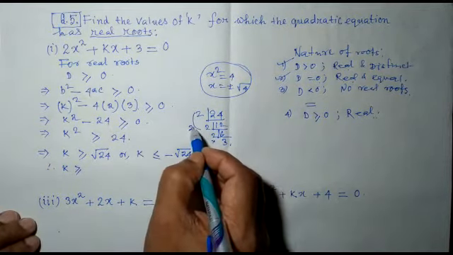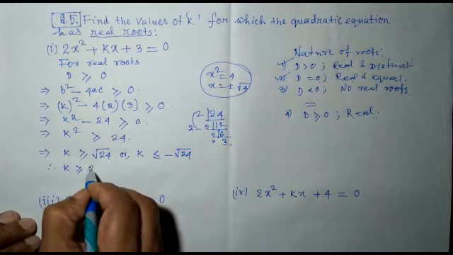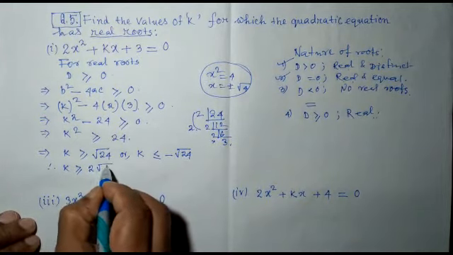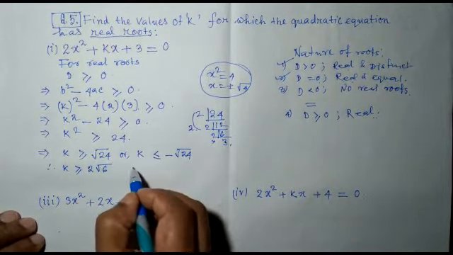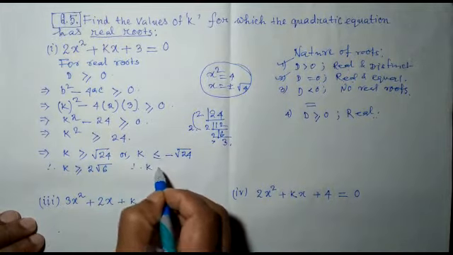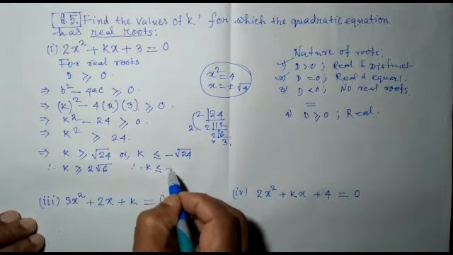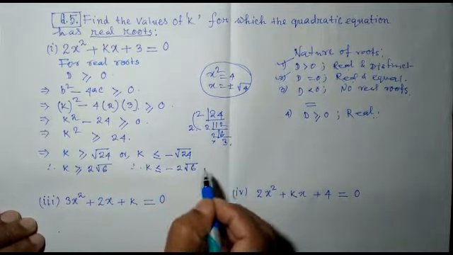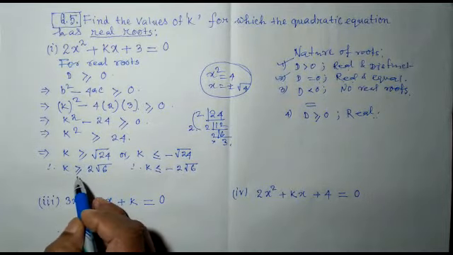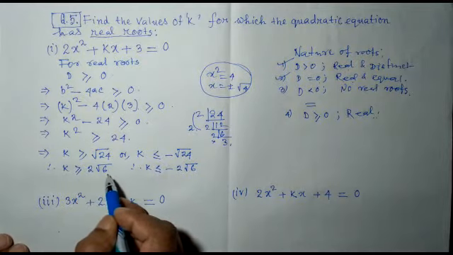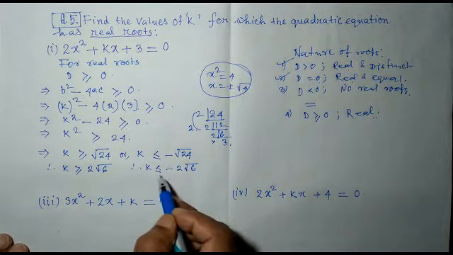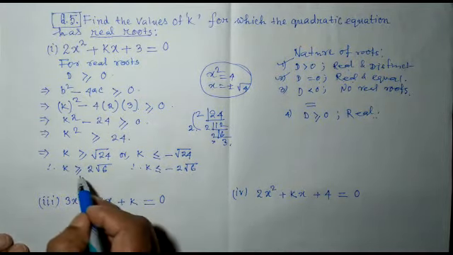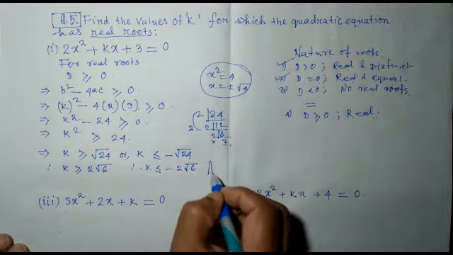Then outside the square root will be 2. We will write here 2 square root 6. And here also k will be less than or equal to minus 2 square root 6. So these are the answers for k: k greater than or equal to 2 root 6 or k less than or equal to minus 2 root 6. These are the answers for the sum.